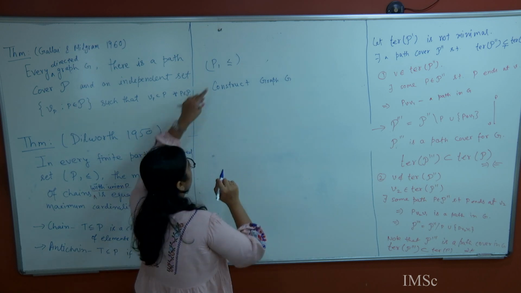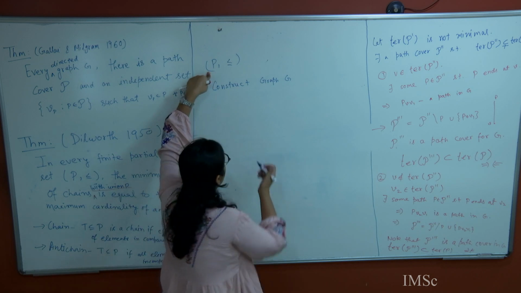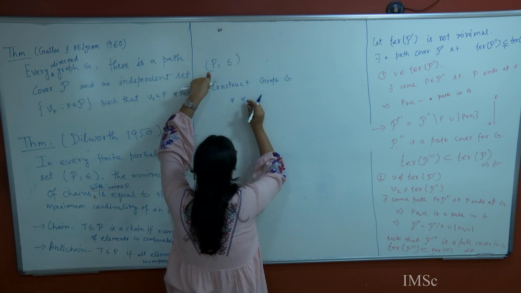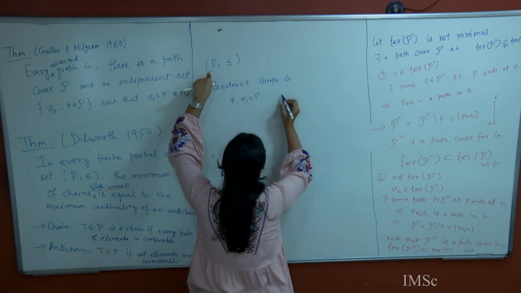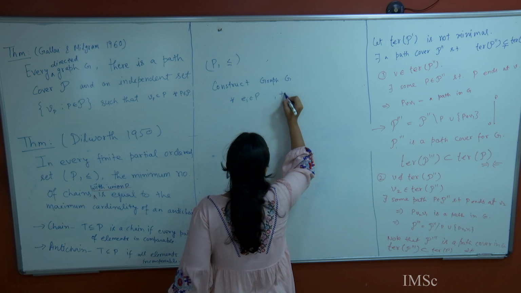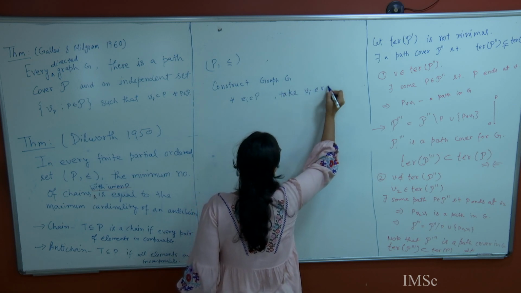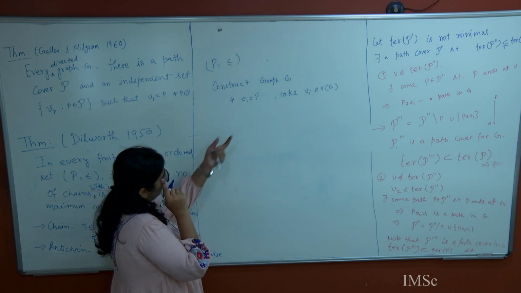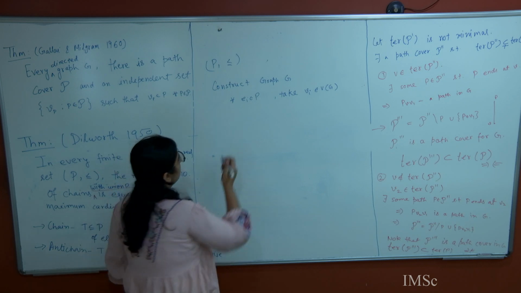Where for every element in P, I will take one vertex. So, for every e_i in P, take v_i in V(G), and if two elements are comparable, then we will add an edge.